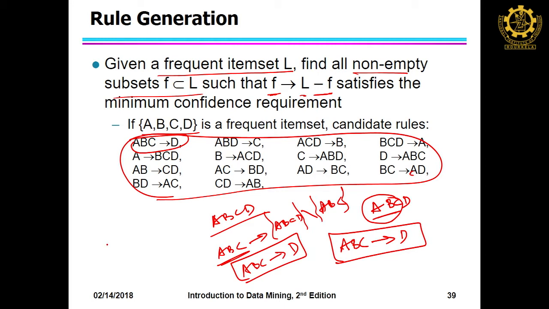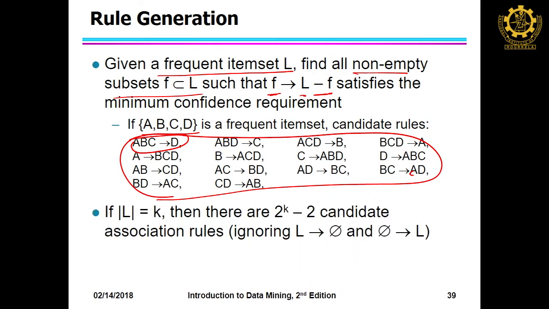So, there will be two special subsets, one is null, another is A, B, C, D. The null subset itself will generate a rule, but we can discard this one. So, if the length of the frequent item set is k, there will be 2 to the power k minus 2 candidate association rules, because in the power set, null is included and the entire set A, B, C, D is included.